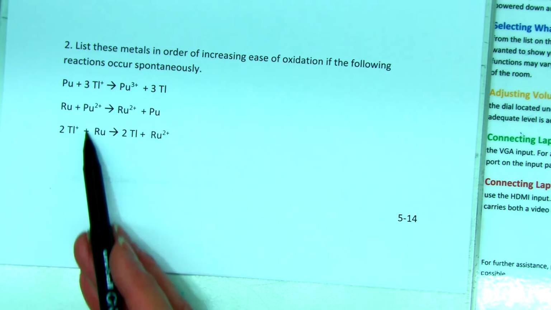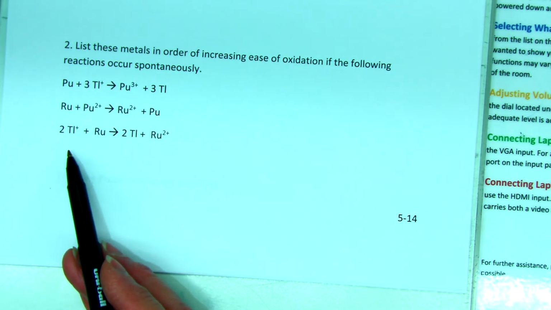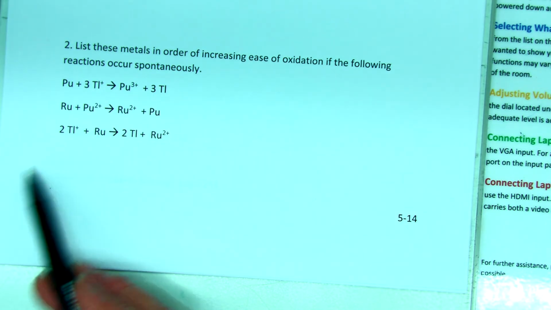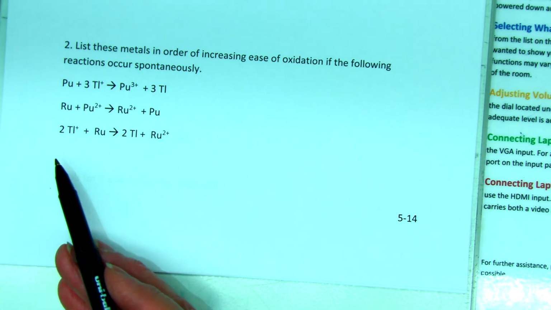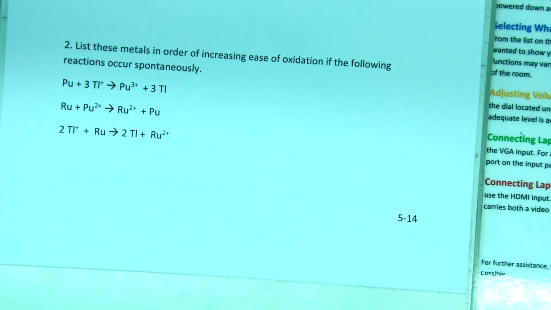So what kinds of reactions are these? Single replacement, right? So we talked about single replacement in terms of the activity series. And when something is more active, what does that have to do with oxidation? We talked about this, and it's typed in the notes a few pages back.